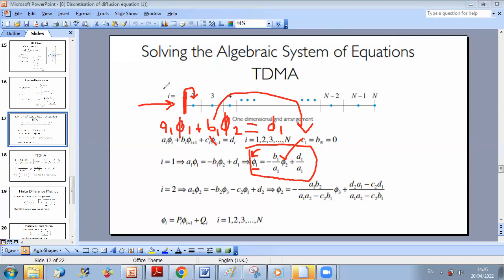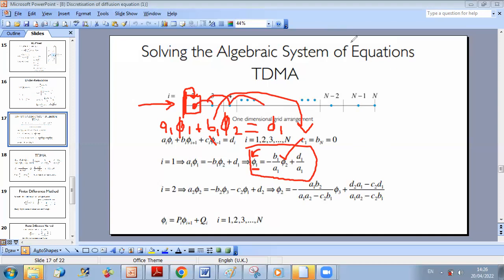If I give you the flux, for example, as we did last time, you write the equation, and knowing your flux, you can determine the value of phi 2. So boundary cells can always be used. I can start from boundary cells because if I know a condition here, I can solve for the variable in this node. Then I will move from one node to the other to solve for my different variables.